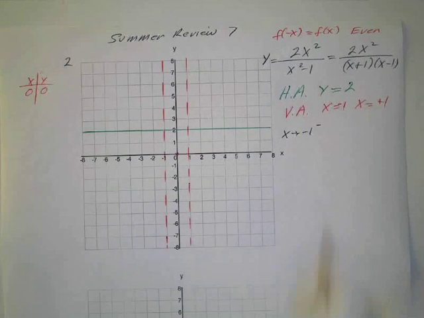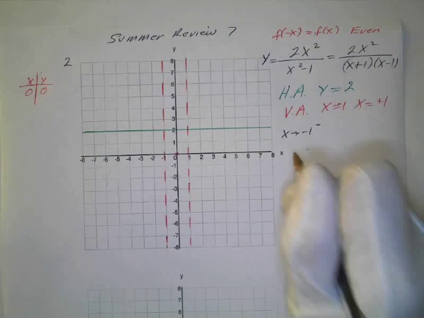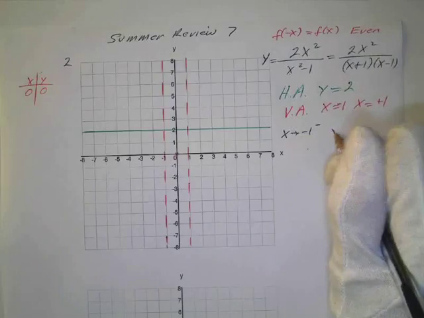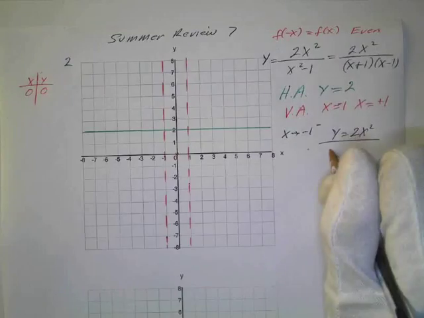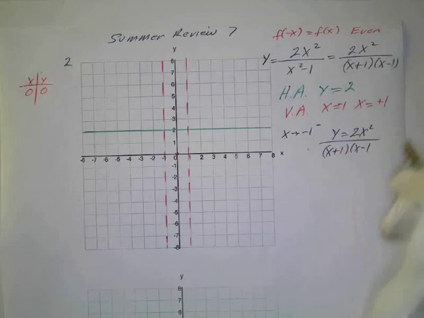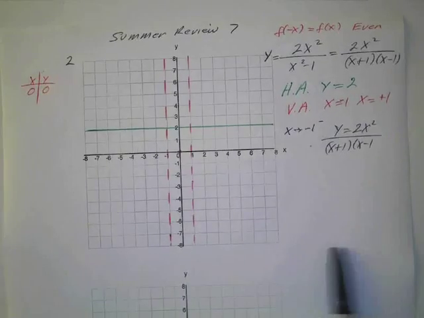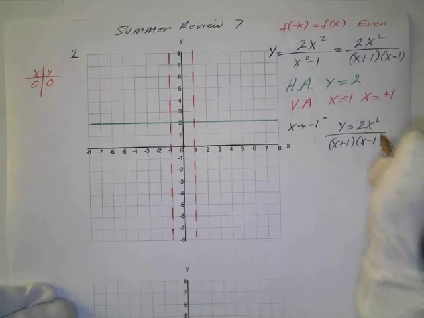Okay, so what happens? Well, let's look at our expression here. We have y equals 2x squared all over x plus 1 times x minus 1. So we can just substitute that. Kind of wrote that sloppy there, trying to get this all in this room here.